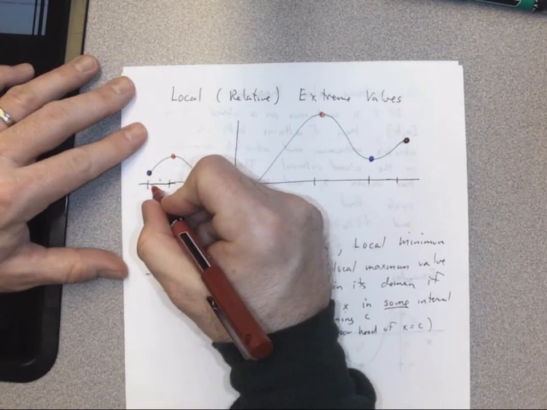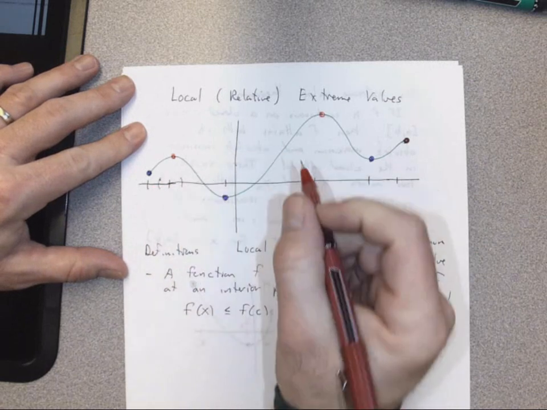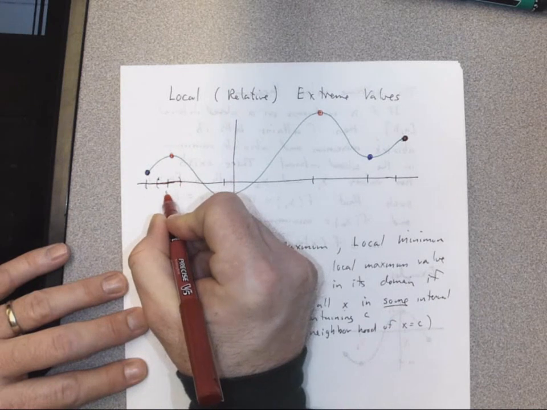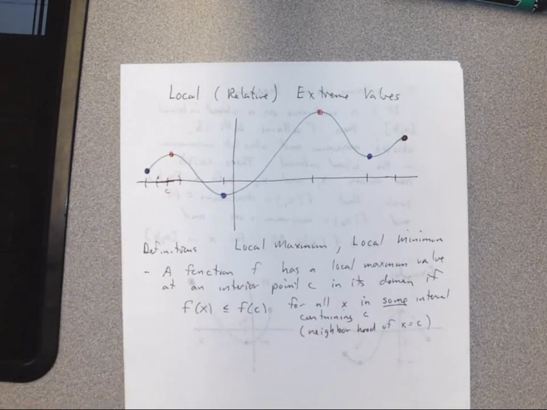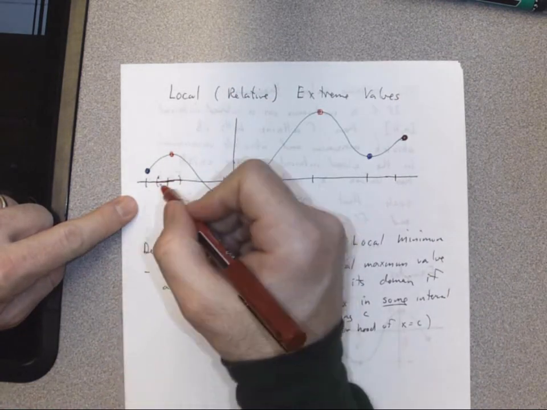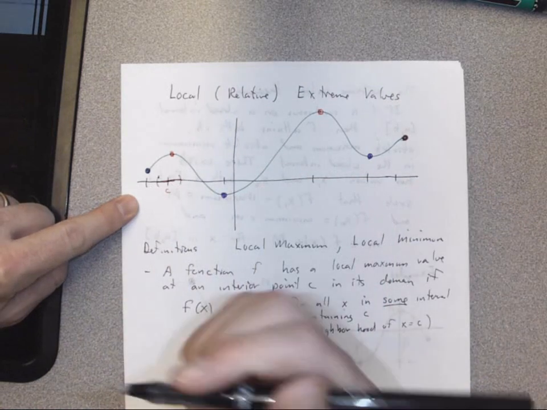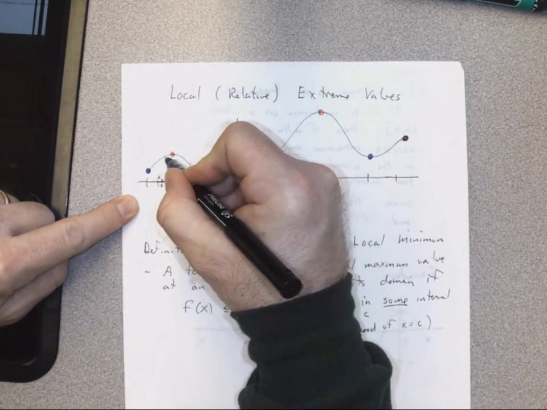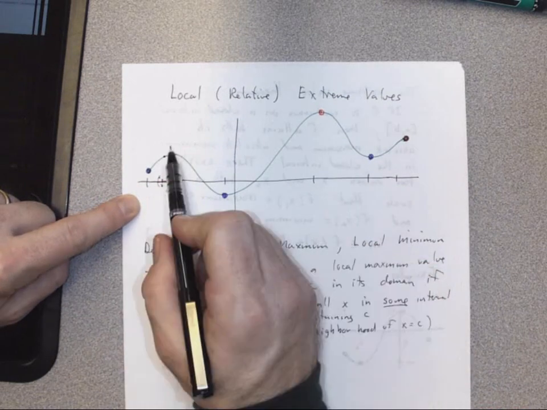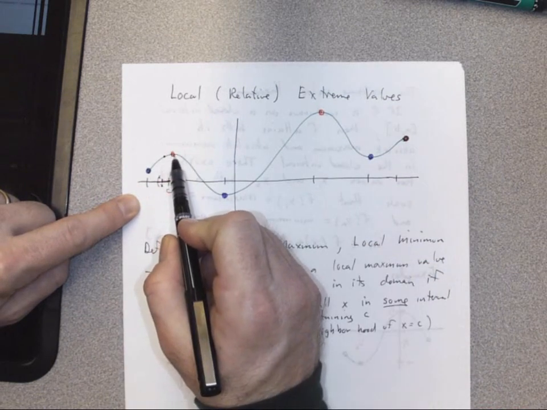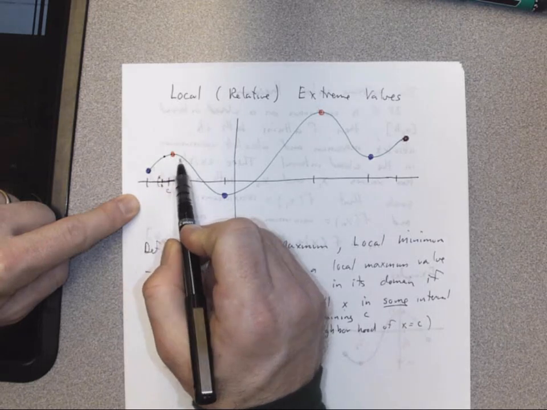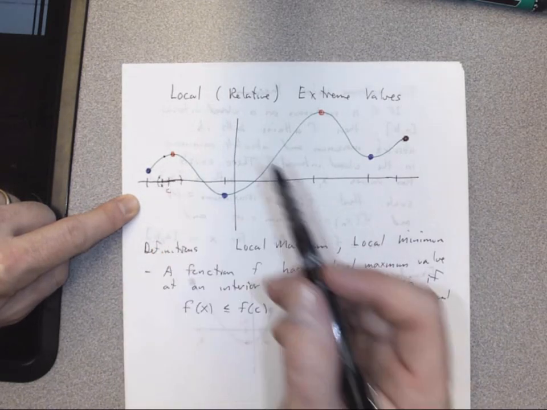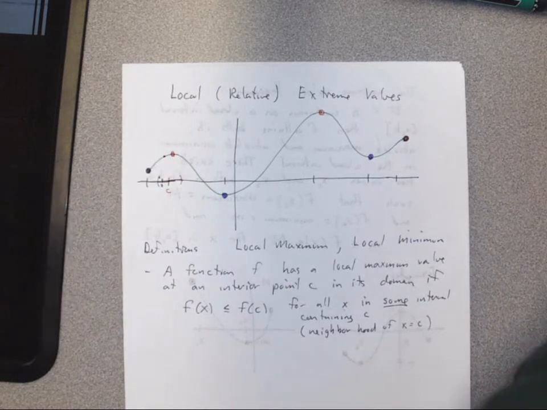Let's take this particular interval right here, some interval containing c, where we call this one c. Can you tell that any other x value, let's say this x value right here, if you plot this up, has an output that is less than the output of the c value? So every other output inside this red open interval is going to be less than the output of the c value.